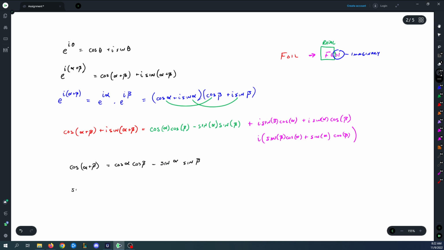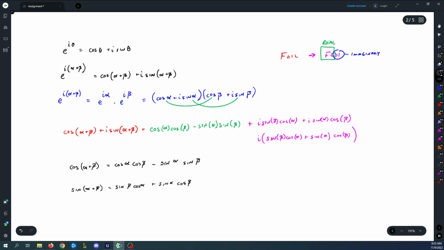And then for sine of alpha plus beta, we get sine beta cosine alpha plus sine alpha cosine beta.